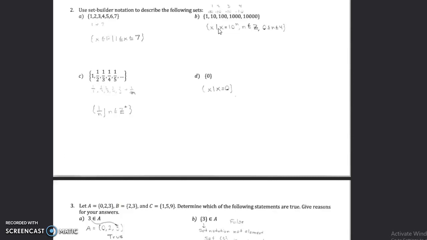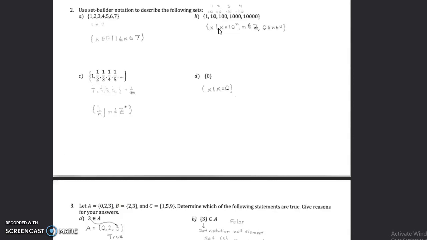X is going to be equal to 10 to the power of n. And then n is going to be a positive integer. And then n is going to range from greater than or equal to 0 but less than or equal to 4. So from 0, 1, 2, 3, 4, we can just test real quick.